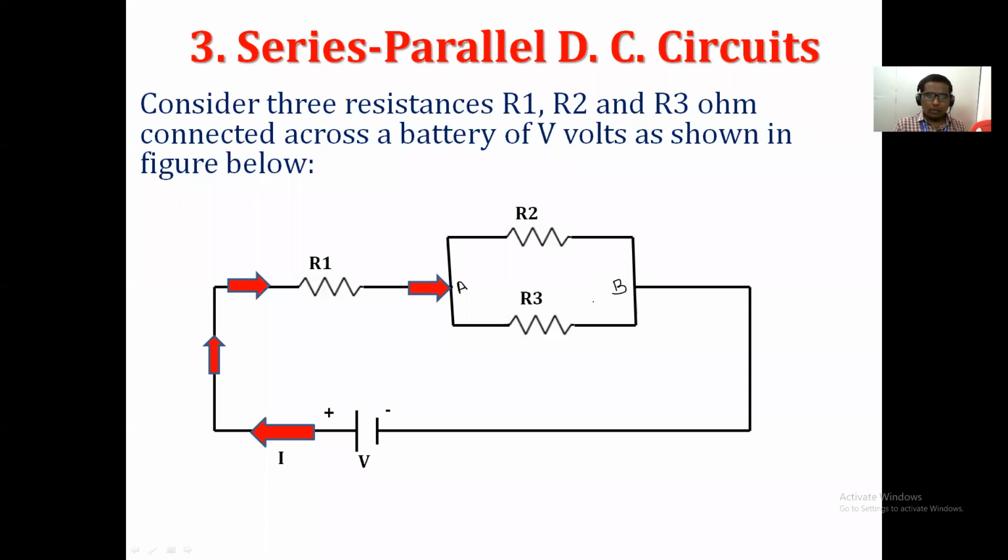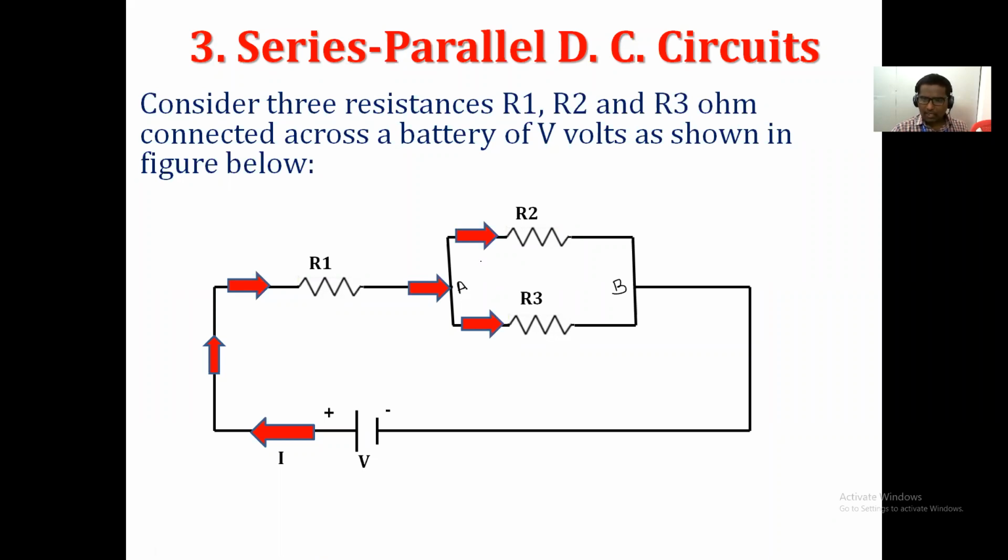Now, when current I comes to common point A, it has two different paths. So definitely the current I is divided between resistors R2 and R3. But what happens at point B?